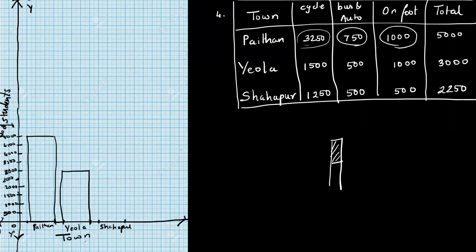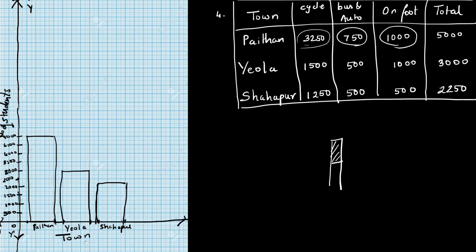And last? 2,250. Where will 2250 come? Before 2,500 and after 2,000, exactly in between. So this slightly darker line is 2250. If you all use a scale, you should be able to draw it properly.